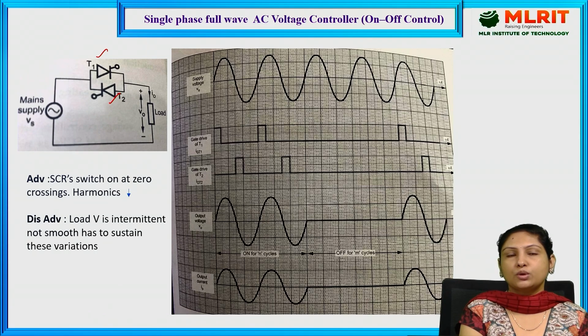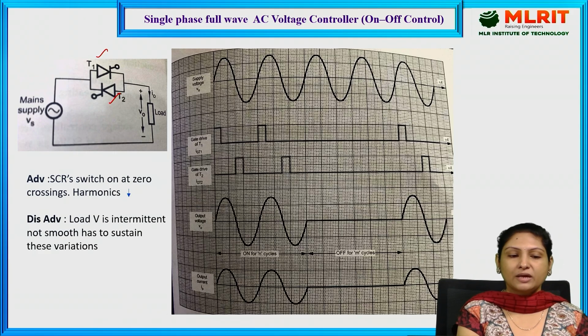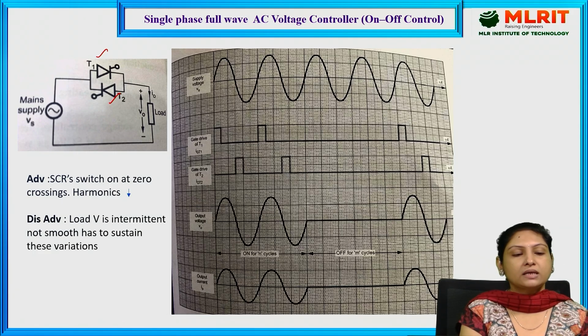As I told you, load can be induction motor drives or otherwise fans, pumps, blowers, lights, heating surfaces. It can be anything. So here we are making use of a resistive load, and two SCRs which are connected in anti-parallel.